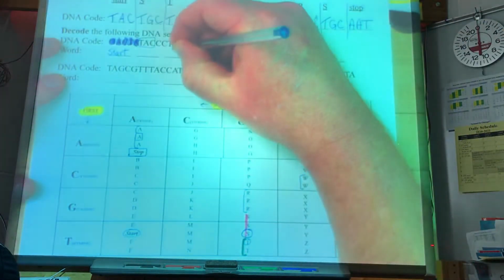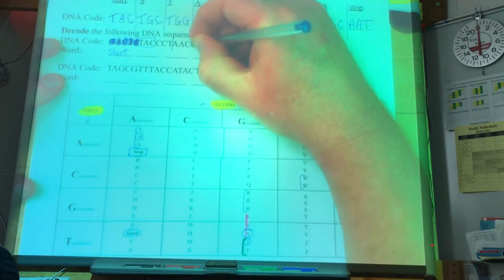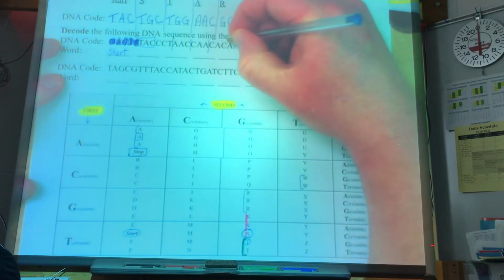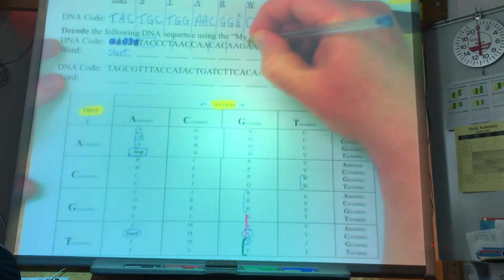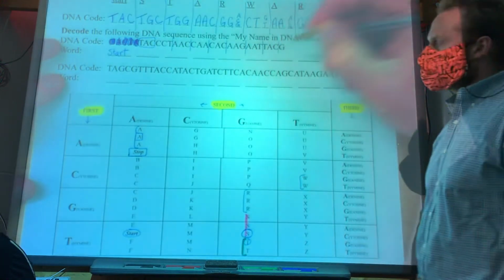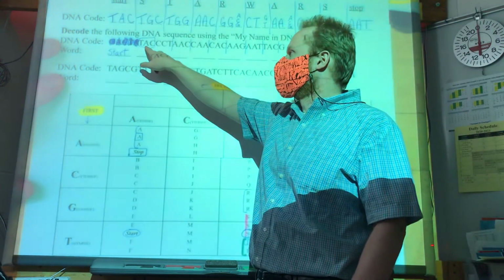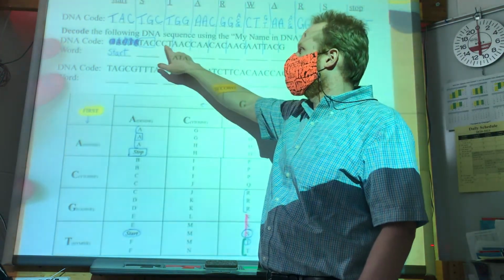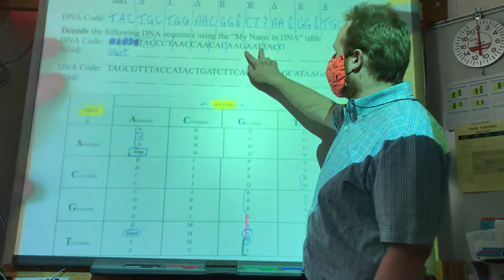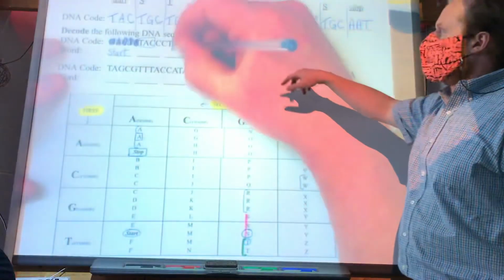This is all, for lack of a better term, called junk DNA. It's not junk, it's just non-coding DNA for this particular word. It might have some function, it might not, but it's not part of our word spelling. So we start spelling our word here, and then we look at three letters at a time. And notice how Mr. DeBoer went through and chunked these off by threes.